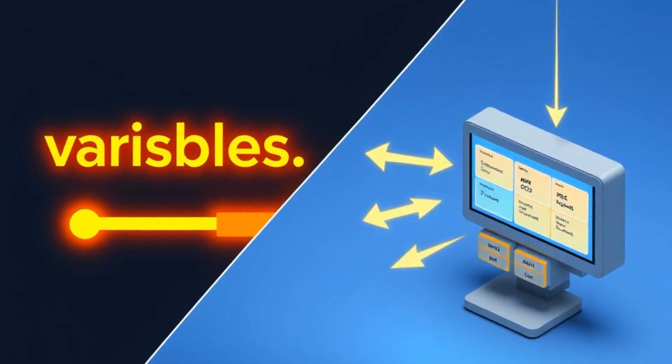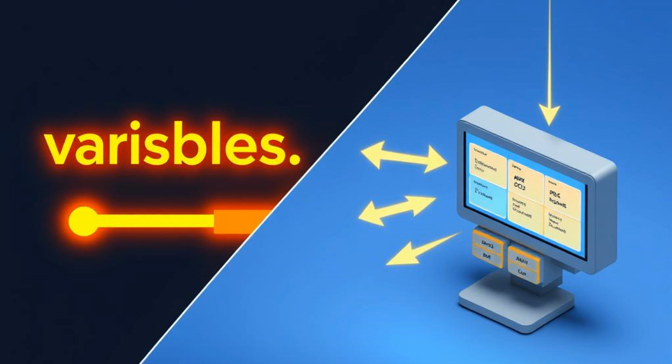For instances within these private subnets to access the internet for updates or external APIs, but without being directly reachable from the internet, we need a NAT gateway. We'll provision an elastic IP address for the NAT gateway and place the NAT gateway itself in one of our public subnets. This setup allows private instances to initiate outbound connections securely.